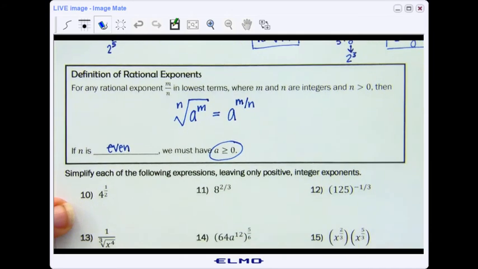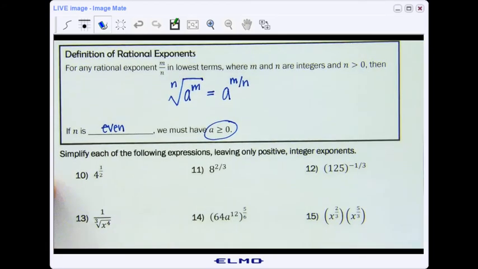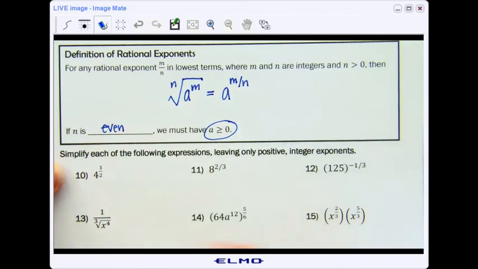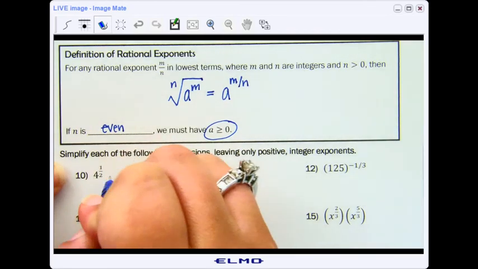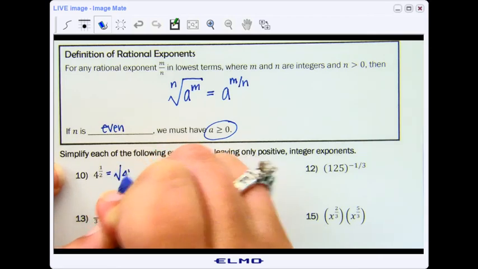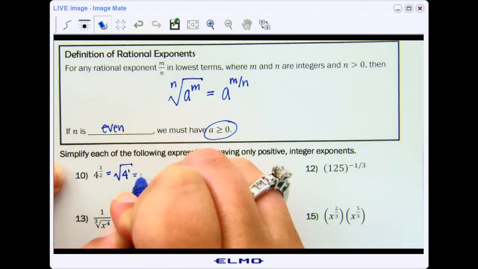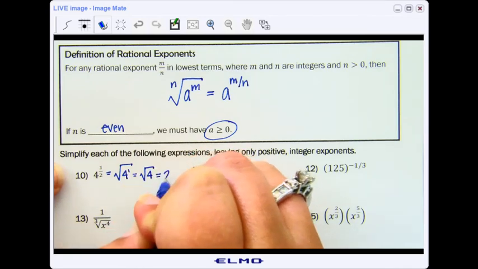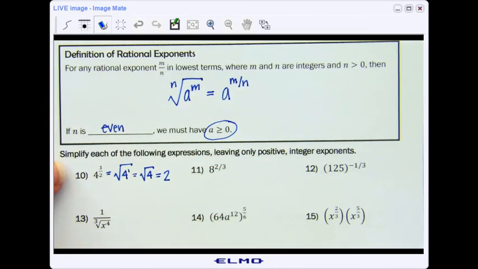So let's work through some examples. In number 10, this is 4 to the 1/2 power. Using the definition, this can be rewritten as the square root of 4 to the 1st power. Well, that's the same as the square root of 4, and the square root of 4 is 2.